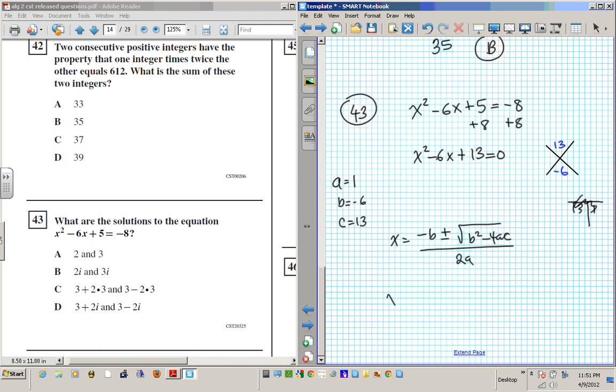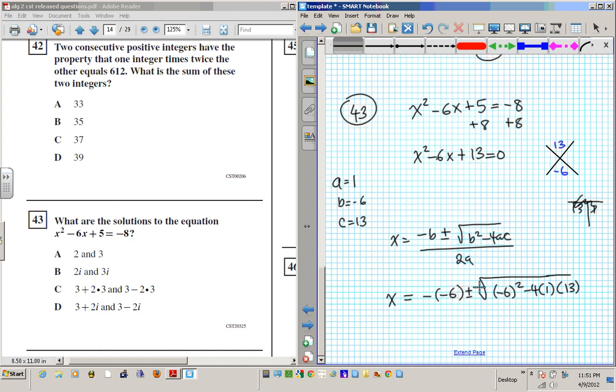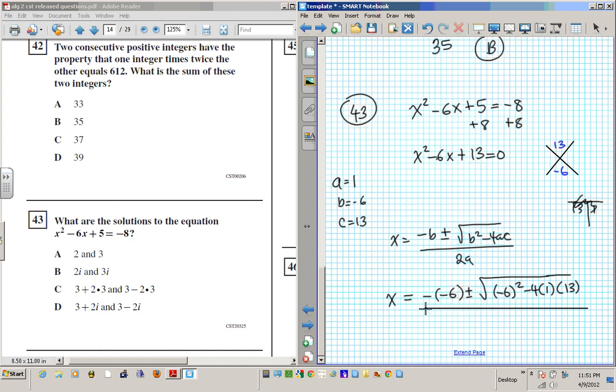So we're going to have x equals negative negative 6 plus or minus the square root of negative 6 squared minus 4 times 1 times 13, divided by 2a, which is 2 times 1.